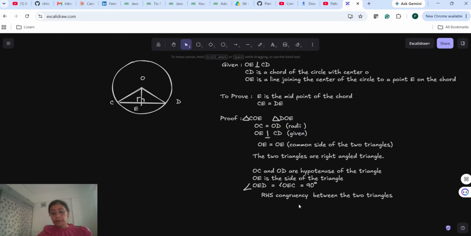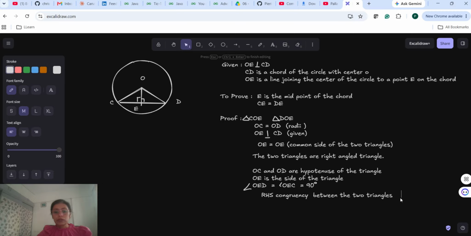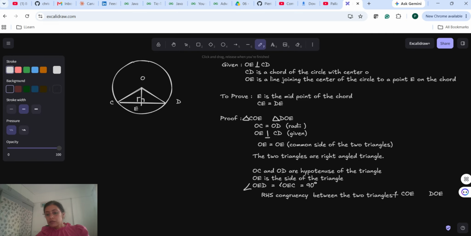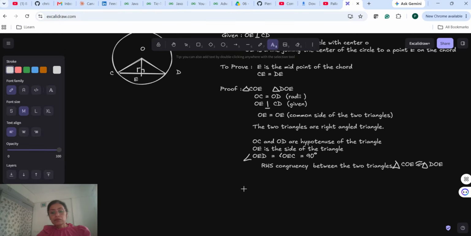I should not move it. Instead, I should write it down. COE and DOE. This is the triangle. This is the triangle. And this is the congruency. So what that means now is corresponding sides will be equal.